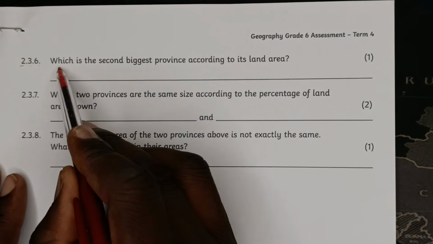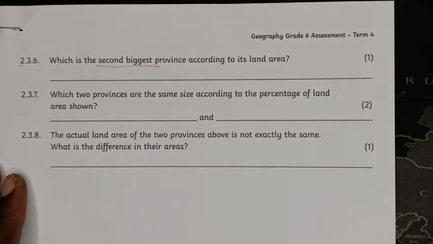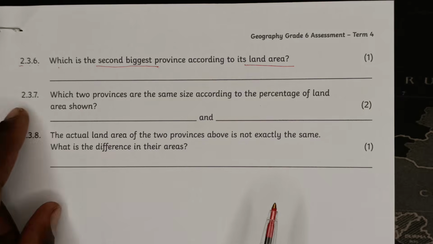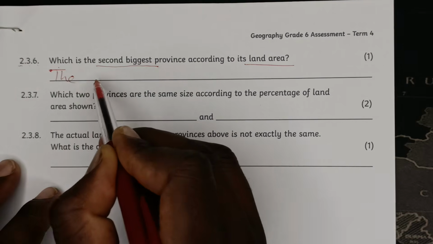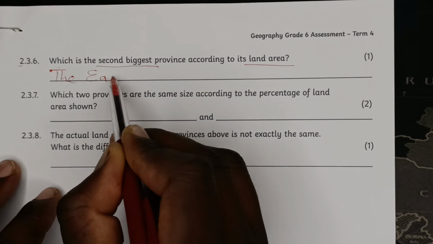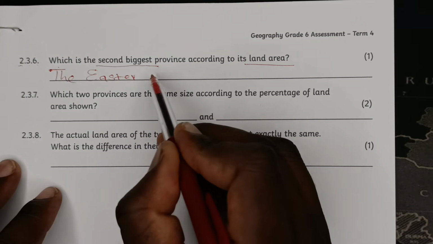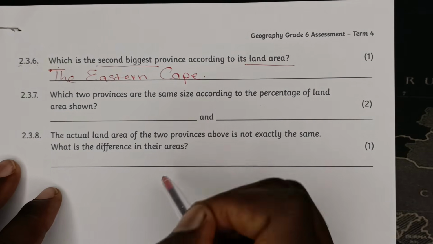2.3.6 says, which is the second biggest province according to its land area? Which one is the second biggest? When we look at the graph that we are given, the one that is second is the Eastern Cape province.